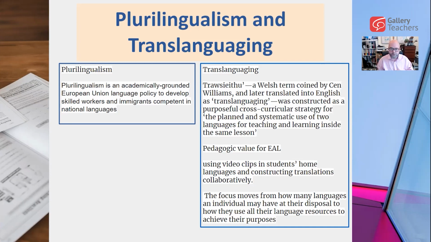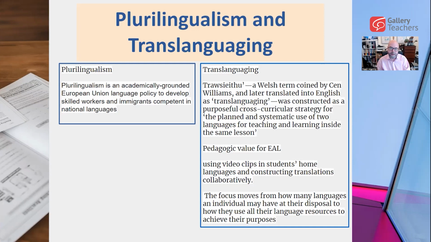Whereas translanguaging, which comes from a Welsh term coined by Cen Williams, and then was translated as translanguaging, is a strategy allowing for, and I quote, the planned and systematic use of two languages for teaching and learning inside the same lesson.